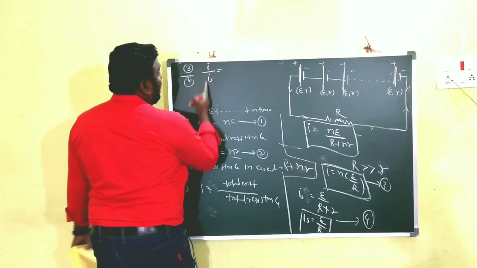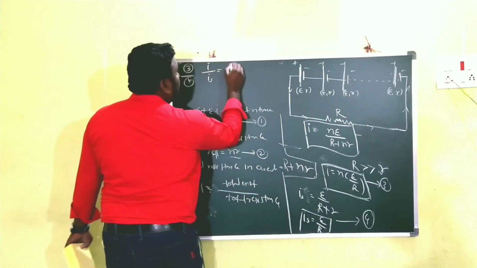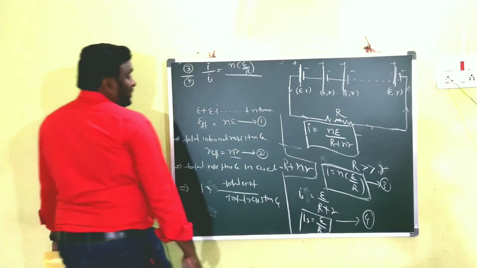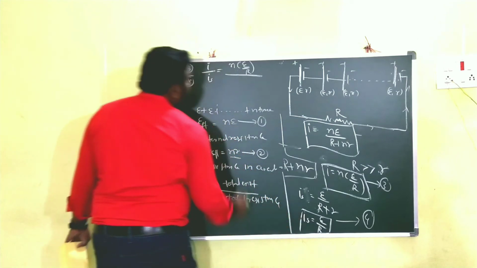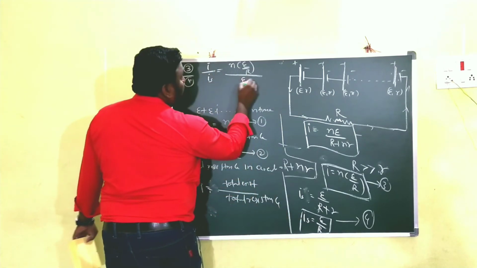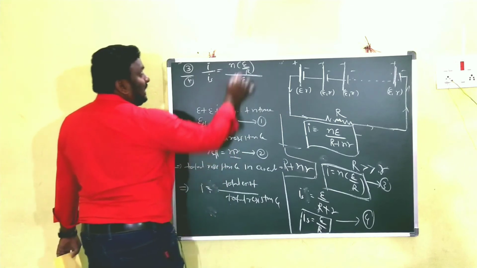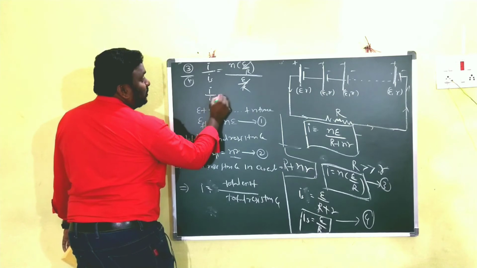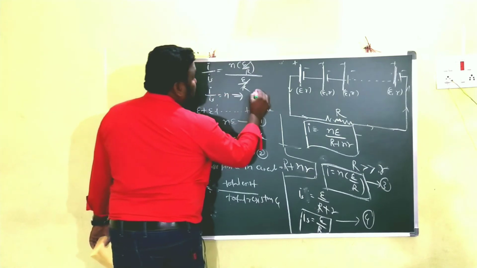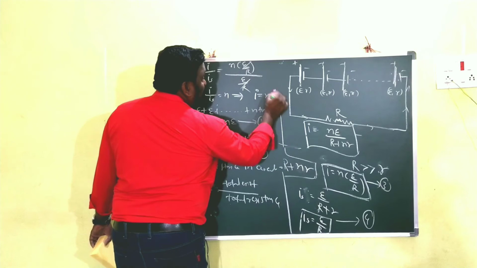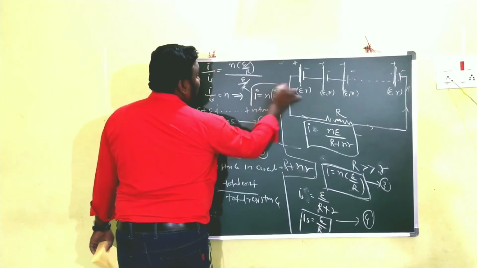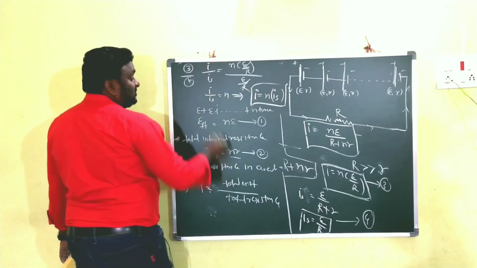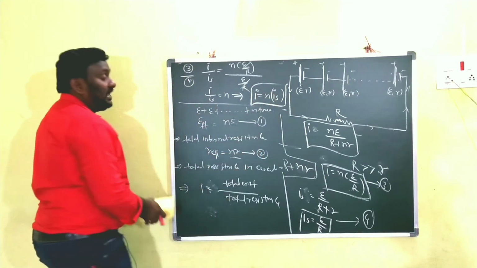That's why, I by IS: the I value is N epsilon by R, and IS is epsilon by R. Epsilon by R cancels. Then what do you get? I by IS is equals to N. From that, what do you write? I is equals to N into IS. So we will get it like this: I is equals to N into IS.